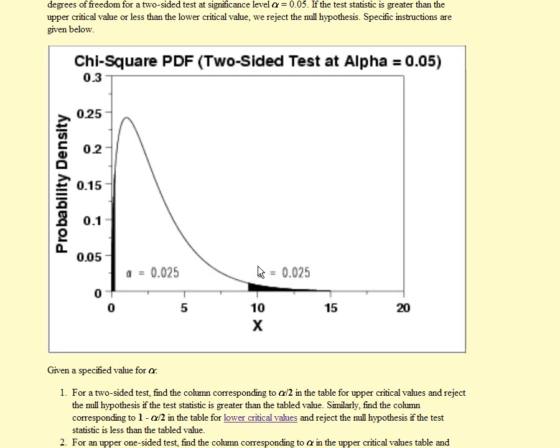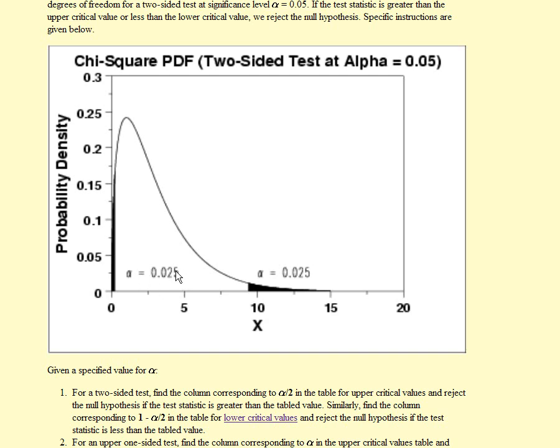We need to look up two critical values. Notice, not like the t or z distribution, these two values are not going to be the same with one negative and one positive, because you can't have a negative value for chi-squared. So we're going to have to look up one value for chi-squared that leaves 0.05 in the left tail.